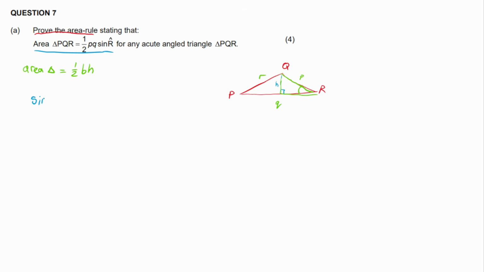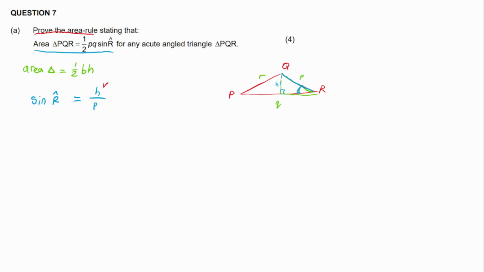Sine of angle R is equal to opposite over hypotenuse. Our opposite here is h, and our hypotenuse is P. So we have that sine R is equal to h over P.